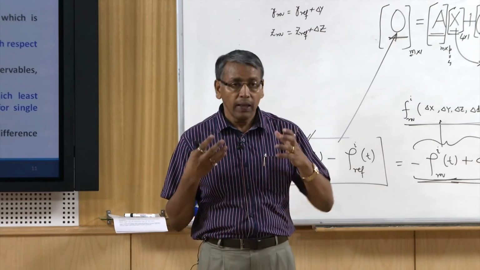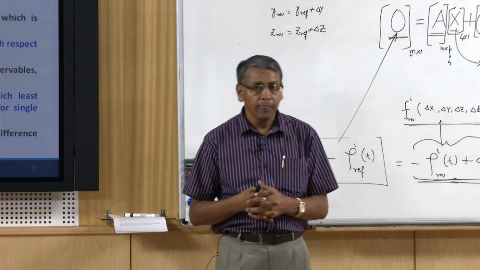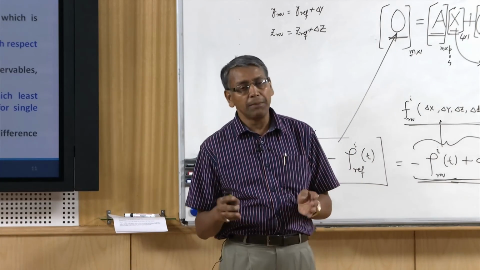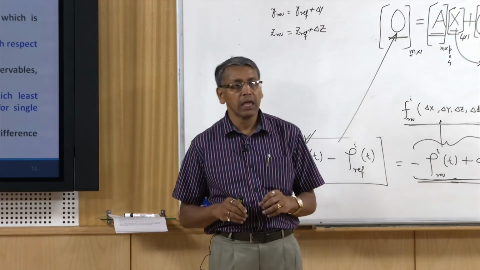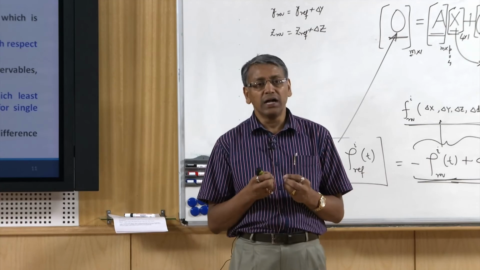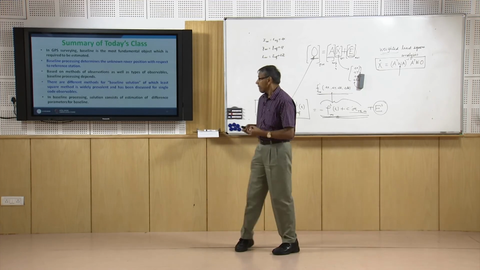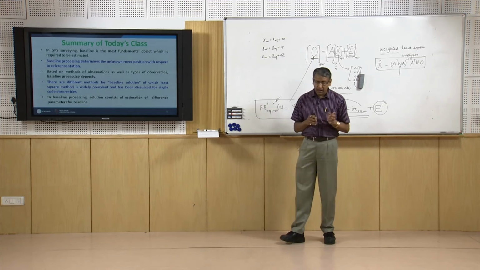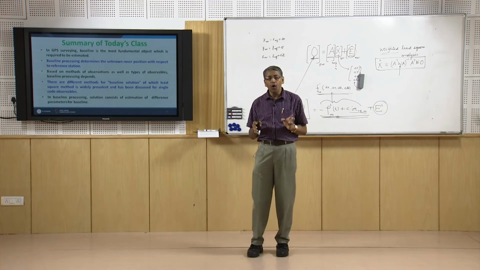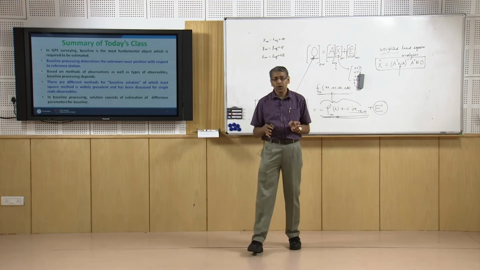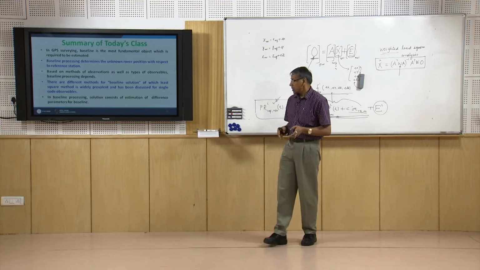We have baselines of different types depending upon the methods of surveying or the type of observables that we take for processing the baseline. There are many methods which may be used to process the baseline, of which the least square analysis method is the most widely used.